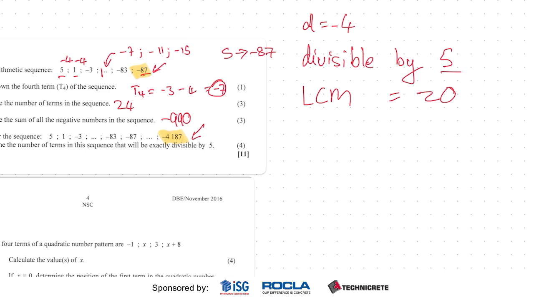So I guess that's the tricky part: to see that we can make another sequence that is multiples of 20 and then use that within the range of this sequence, from 5 to that number, in order to get the number of terms divisible by 5. It's a bit tricky.